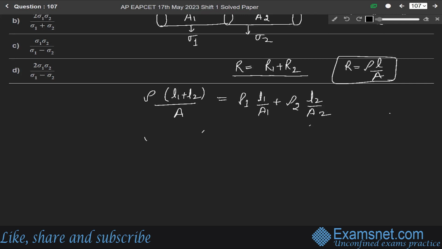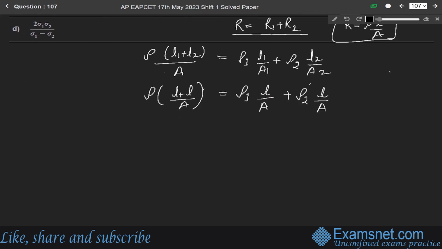So it will be rho, since L1 and L2 are the same length, L plus L over A equals rho 1 L over A plus rho 2 L over A, since area and lengths are the same according to the question. Okay, so this will be 2 rho L over A equals L over A taking common rho 1 plus rho 2.